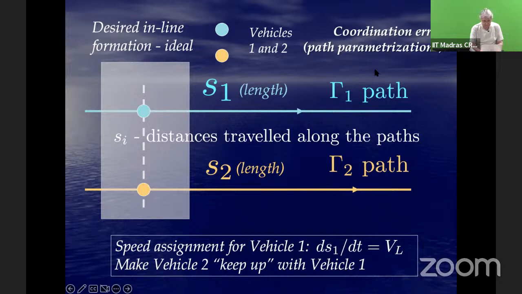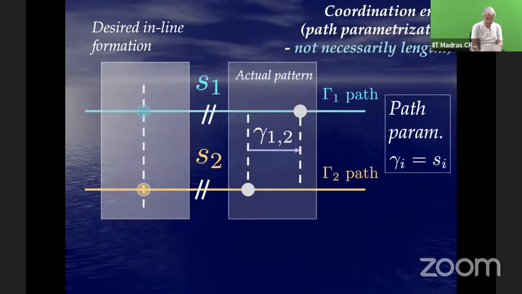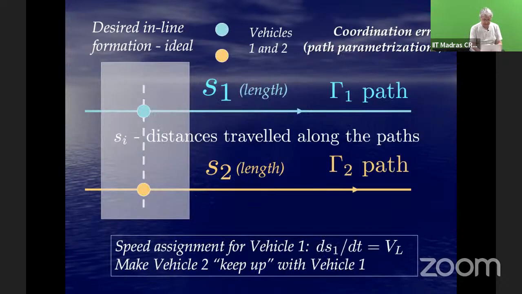That's what we call parameterization. So for the speed assignment for vehicle 1, you say, let me go at 1 meter per second, and then make vehicle 2 keep up with vehicle number 1, all right? In this case, it's obvious that the parameter that parameterizes the path is the length. And actually you declare victory when S1 minus S2 is exactly 0, when the error is 0.